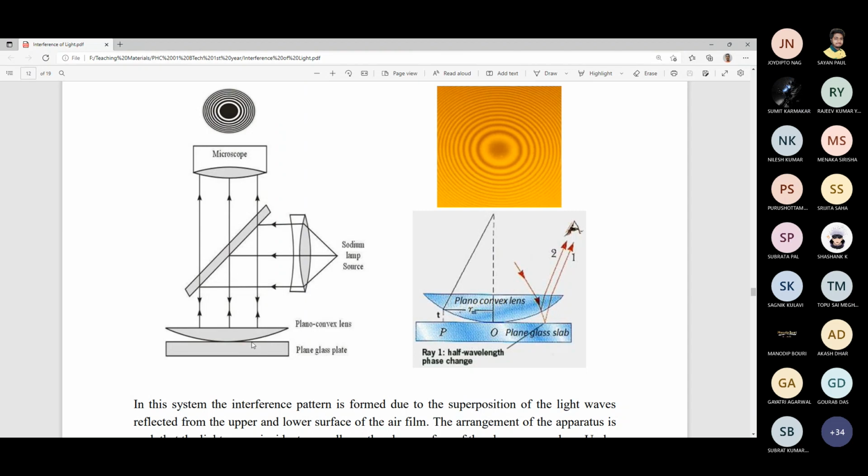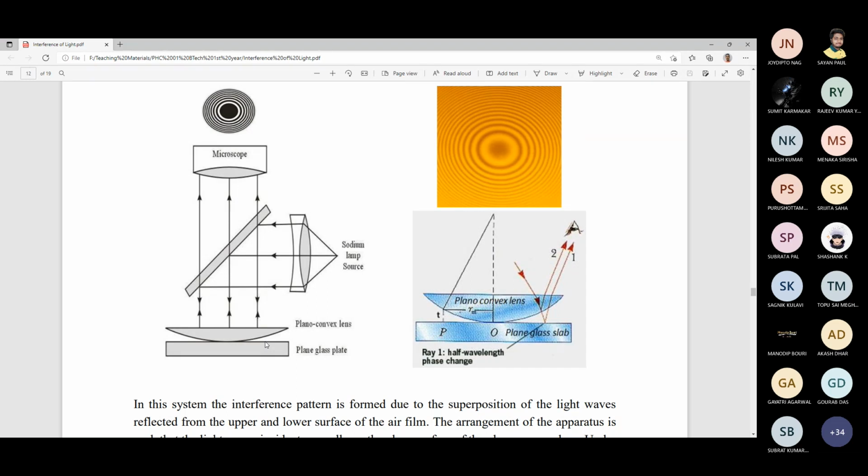Now this plano-convex lens and glass plate will produce a wedge-shaped film. Here you see, in between the glass plate and the curved surface of the lens, it produces the wedge-shaped film. This air medium forms the wedge-shaped film, right?